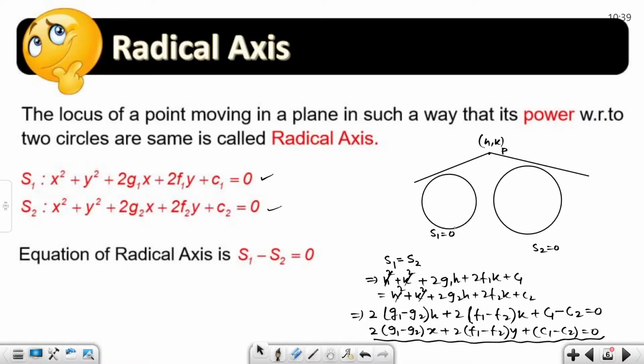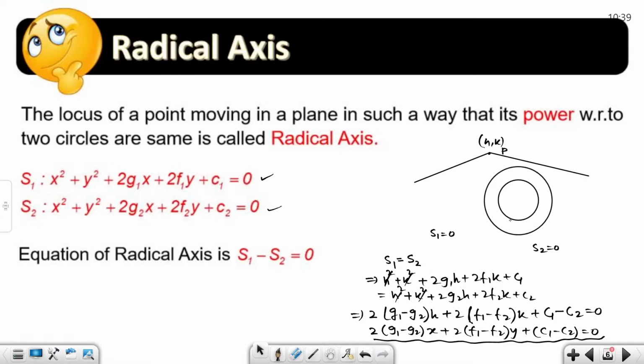When you find that one circle is very much inside the other circle, in this scenario, there will be no radical axis, right? So in this case, when one circle is inside the other circle, we are not going to get any radical axis. And the second case is that when these two circles are concentric, that is, they are having the same center.